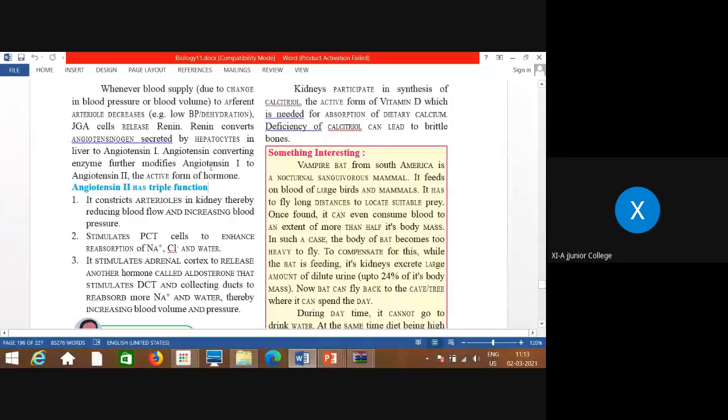Hepatocytes are the cells in the liver, and then angiotensin 1 gets converted into angiotensin 2 by the enzyme called angiotensin converting enzyme, that is ACE. And angiotensin 2 is the active form of the hormone.